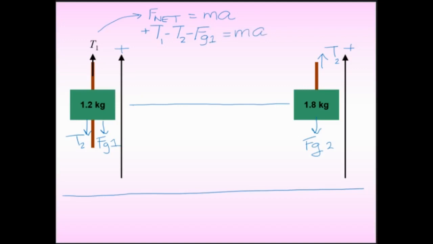What's Fg to any object on the surface of the Earth? Is the force of gravity just 9.8? That's only g. The force of gravity is m times g. By the way, one of the biggest mistakes, even in first year: you ask what's the force of gravity on this table, and people say 9.8. Hold on.